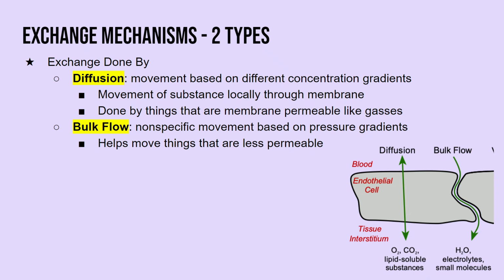And this helps move things that are less permeable. So you can think of bulk flow as moving things based off of force. Like the blood is pushing so hard against the wall of the vessels that it's pushing a lot of materials out, when diffusion is just based off of a local concentration gradient of a substance.